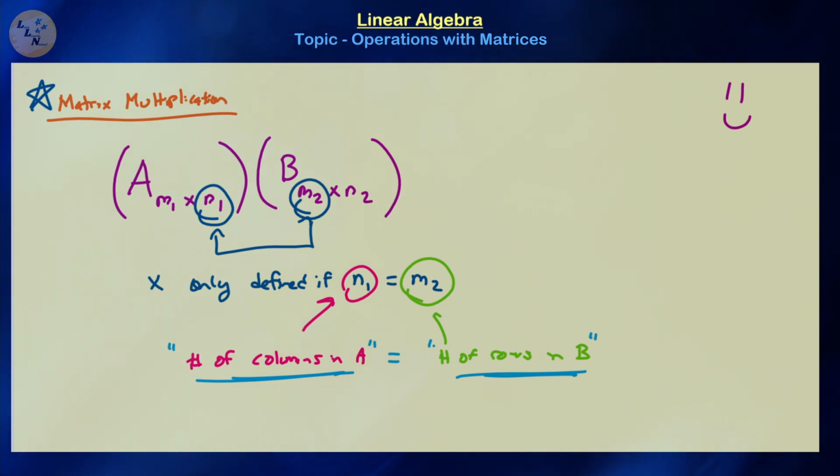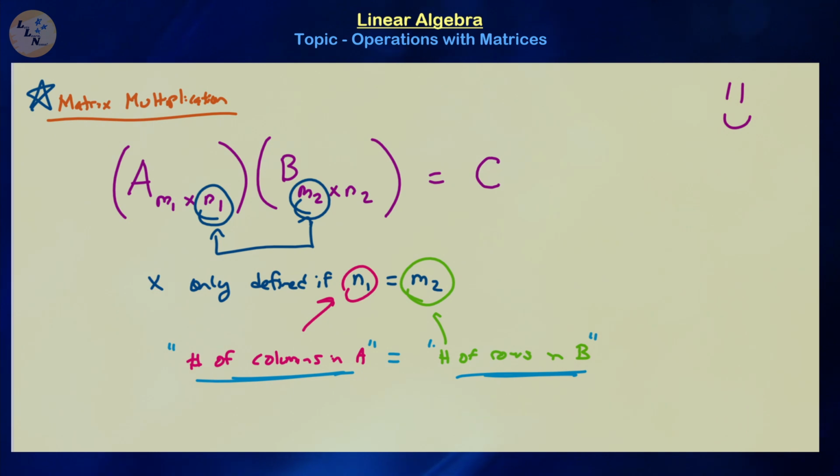So when you multiply these two matrices, and let's assume that you can, that is n1 and m2 are equal to each other, you're going to get a new matrix C, and the dimensions of this matrix is going to be equal to m1 by n2.